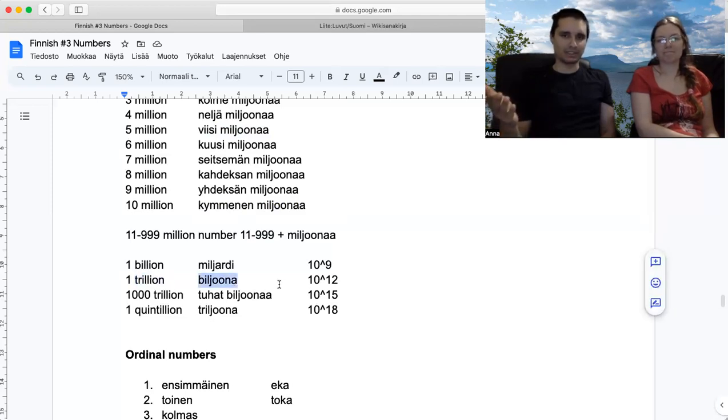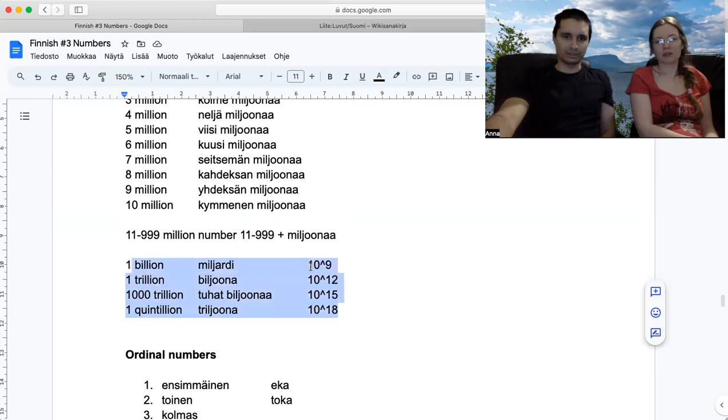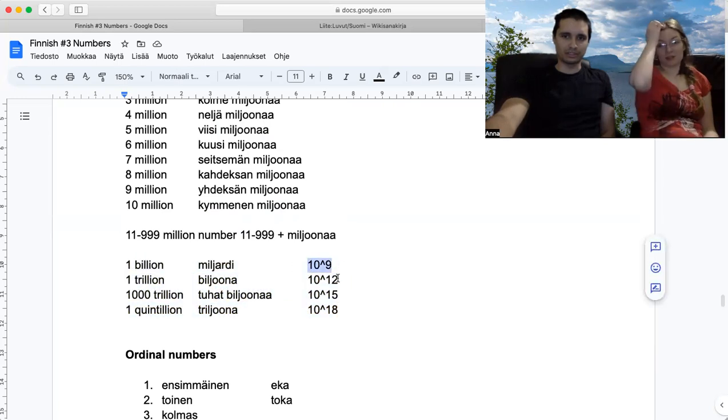So billion sounds like biljoona, but it's different. Billion is miljardi. Trillion is biljoona. In the middle, there's 1,000 trillion, which is 1000 biljoona. And then there is 1 quintillion, which is triljoona. And I checked all of these, so here you see how many zeros.